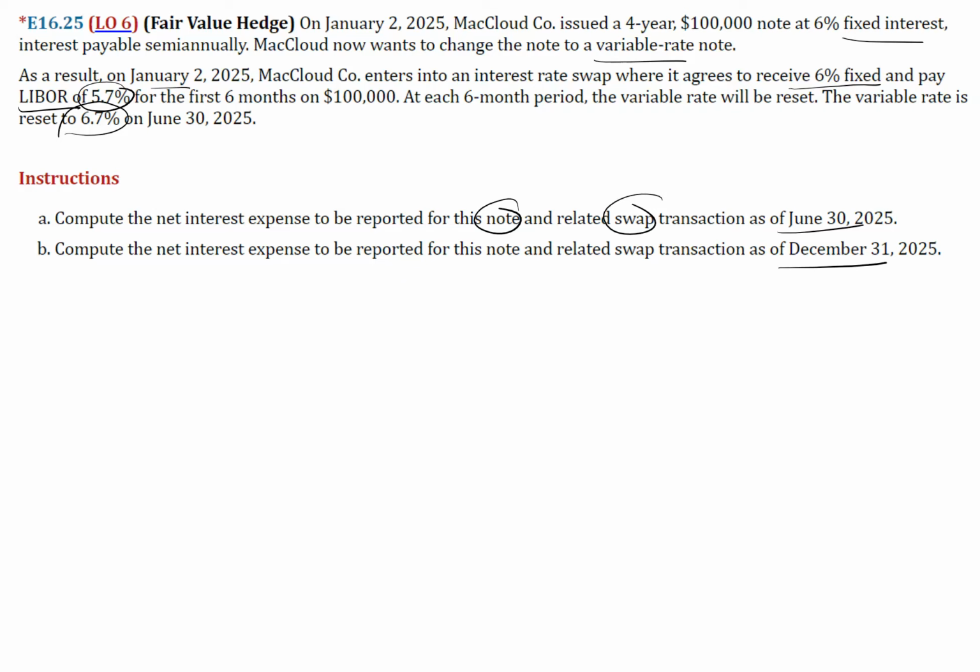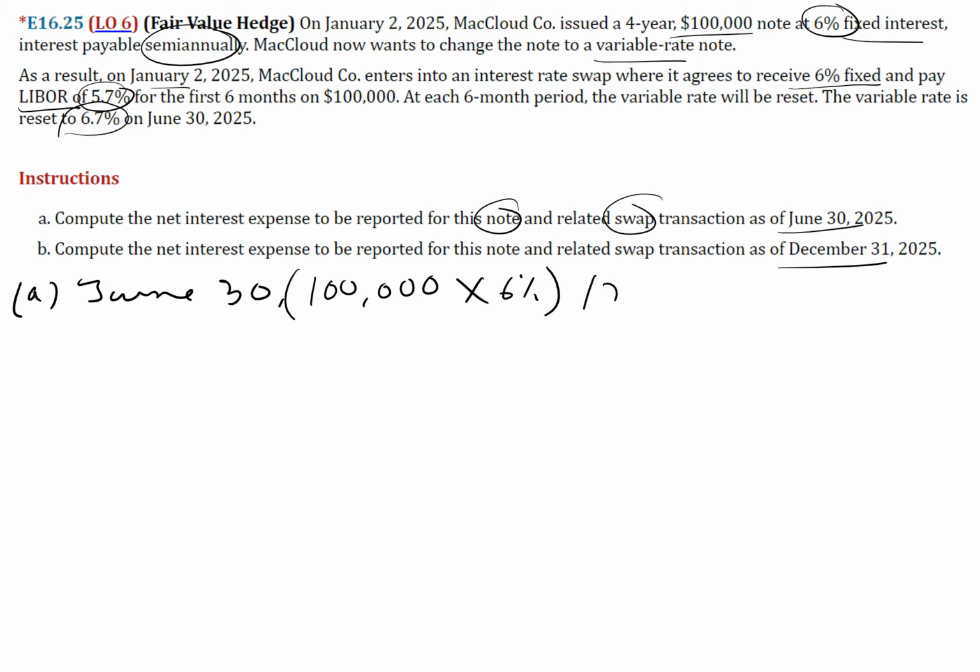So remember, on June 30th, MacLeod will pay his bondholders based on 6%. It's semi-annually, and your total amount of notes is 100,000. So on June 30th, the interest expense that MacLeod is paying to the notes payable holders will be 100,000 times 6% divided by 2.